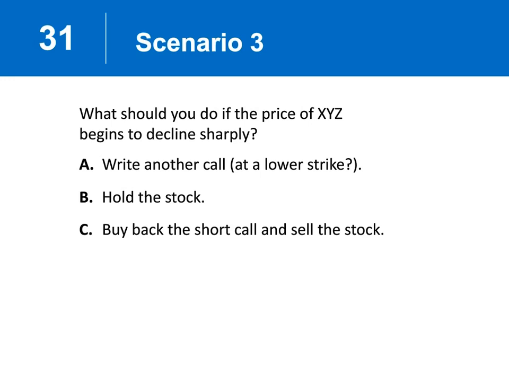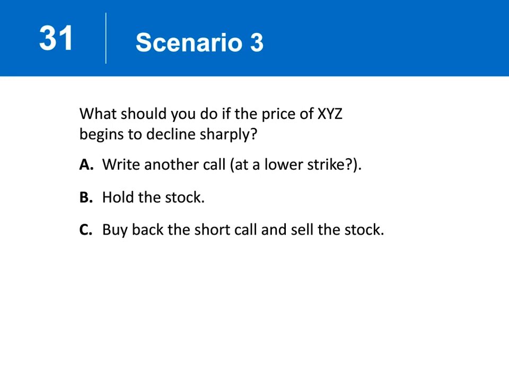If the stock moves lower, you could write another call. If your original call expires worthless, but you're still genuinely neutral to moderately bullish and you want to recapture some of those losses, you could write another call at a lower strike. If you've become very bullish because the stock's now trading lower, you could hold the stock and look for it to turn around.